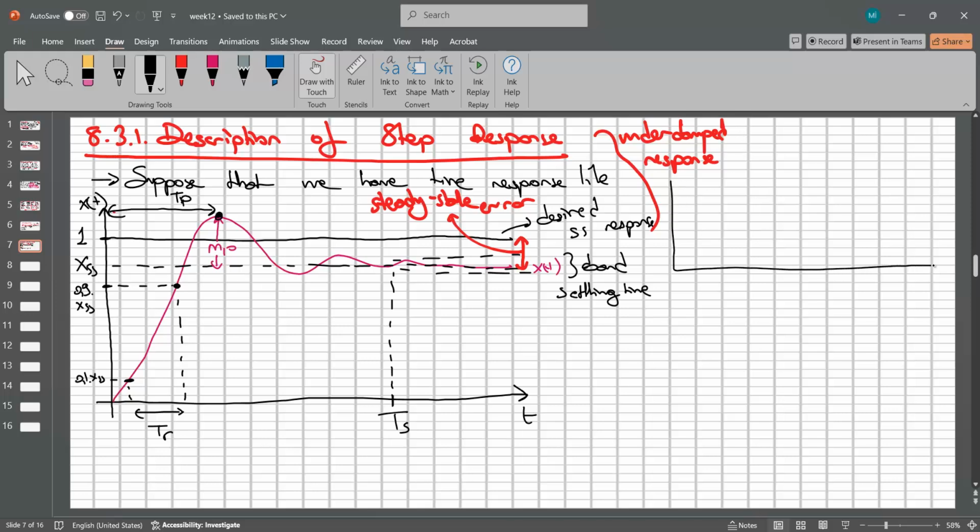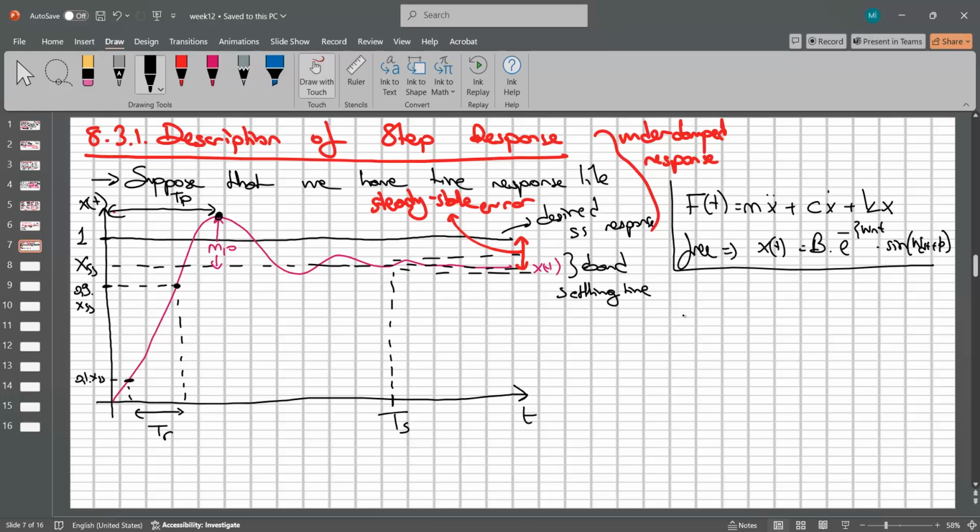Okay, but why? If we have m x double dot plus c x dot plus k x equals f(t), just like this one. This is the forced plus free response. But what is the free response of this term? The solution of the free response is equal to what? B times e to the minus zeta wn t times sin(wd t plus phi).